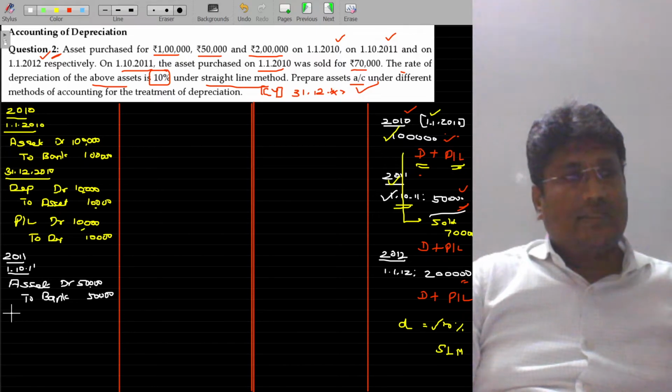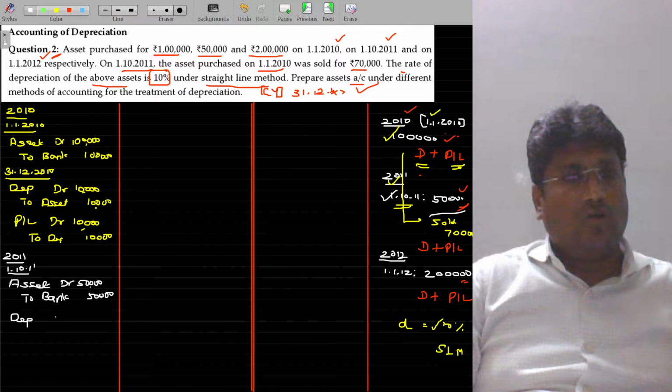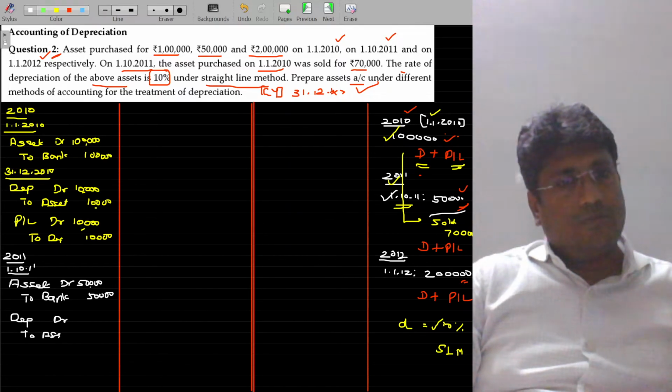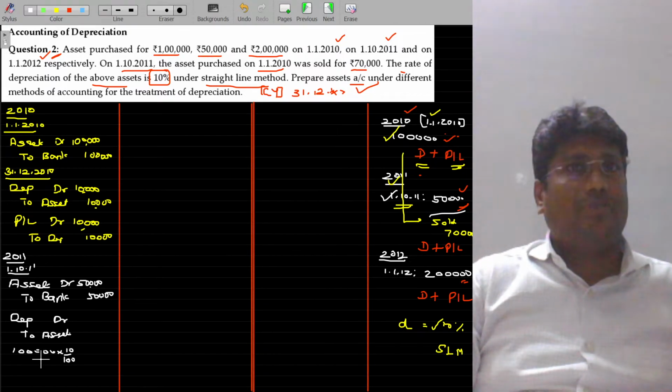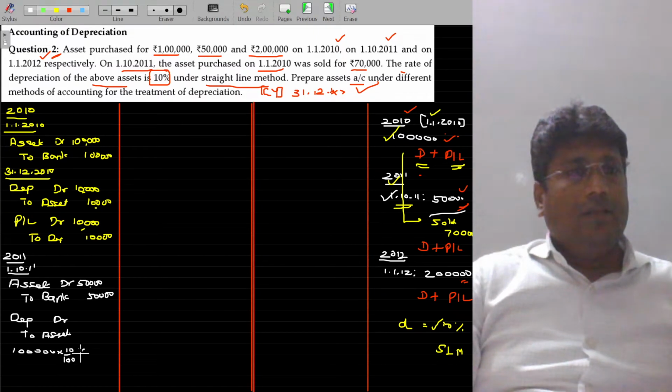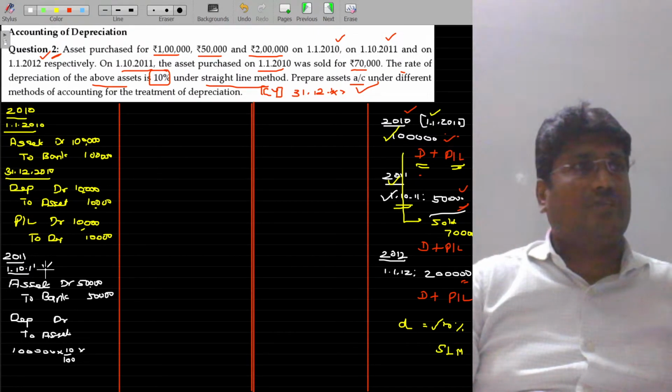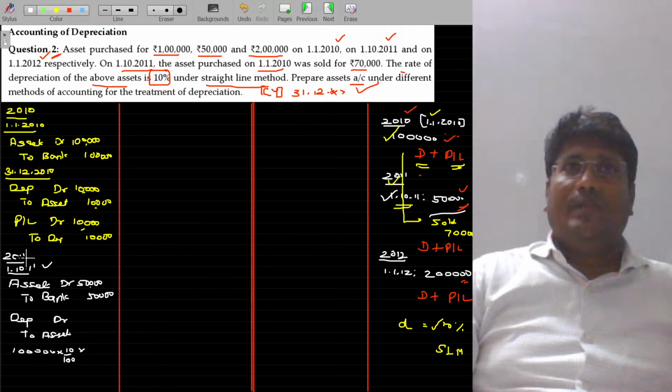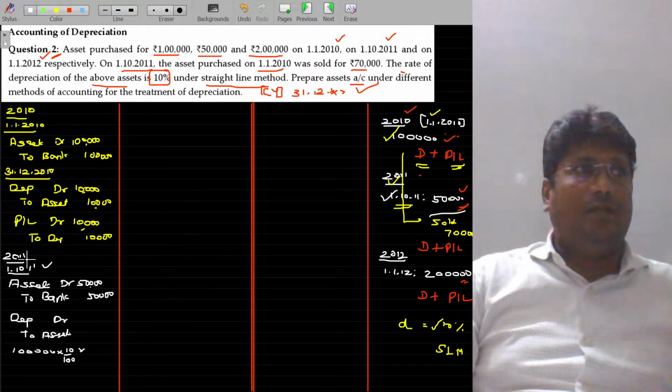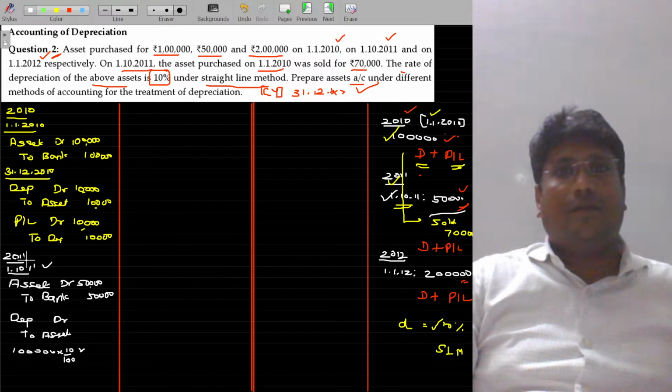Now, for the sold asset, I have to provide the depreciation as on the date of sale. Depreciation account debit to asset. What's the value? 1 lakh is the original value. For that, I'm going to provide the depreciation under the straight line method, 10%. And in this year, I sold it on 1st October. 1st October means the asset could have been used from 1st January to 1st October, as we follow the calendar year.